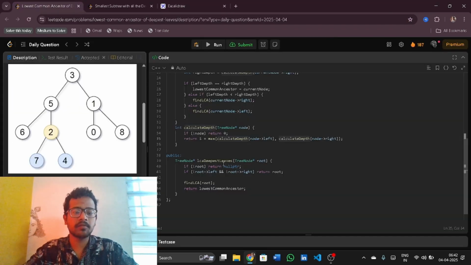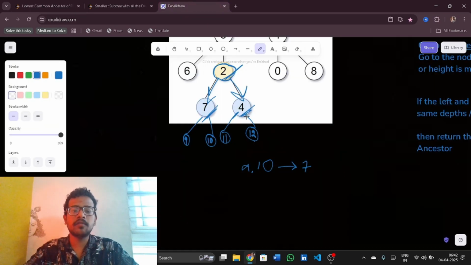It is not asking for a vector of tree nodes. It is just asking for a node. If I return 4, then I will be missing the 9 and 10 leaves and I will be missing 7 as the subtree which is the common ancestor for the 9 and 10 nodes. Now, 11 and 12 have 4 as their ancestor.